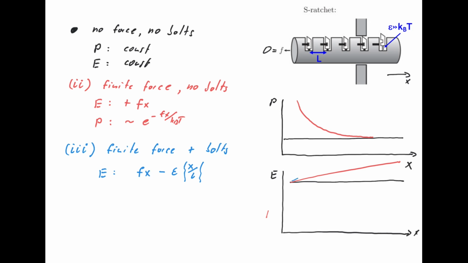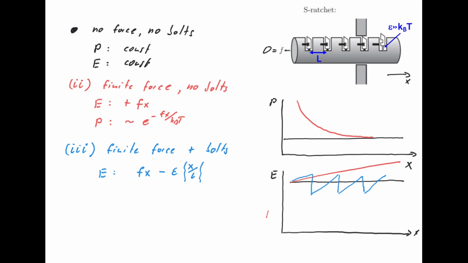The result of this is that the energy now is a ratchet type energy landscape. So it rises up to the next bolt, and then there's a quick jump to negative values of the energy, and then it rises again.